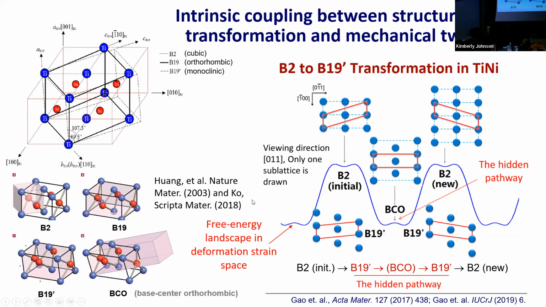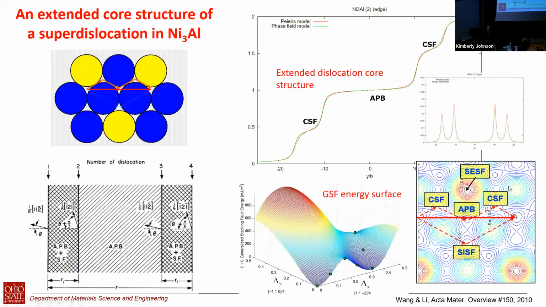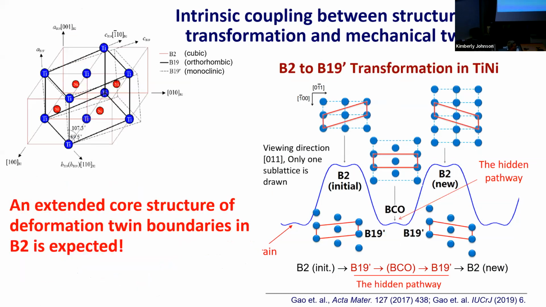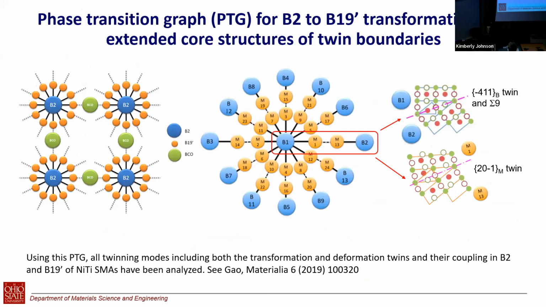Now we can think this energy landscape is just like what I had before. If you have this energy landscape, you go from here and through those ones, then your core has to be extended. So now we introduce a new concept, extended twin boundary. And this has become very significant.